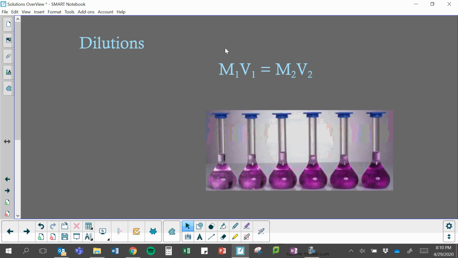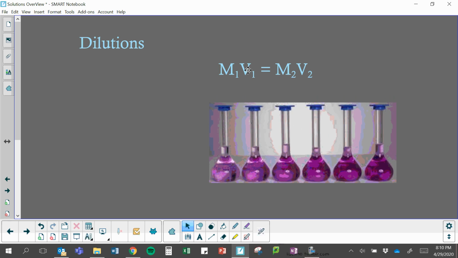Sometimes you might see this instead of M1V1, you'll see it as C1V1 equals C2V2, and in that case the C is standing for concentration. It's the same idea. So what we're doing here is we're wanting the molarity, so how strong or how concentrated our starting thing is, going to how concentrated our final solution is, and then our V is the volume, so the volume that we are starting from and the volume that we're ending from. So we will do a couple examples of these.